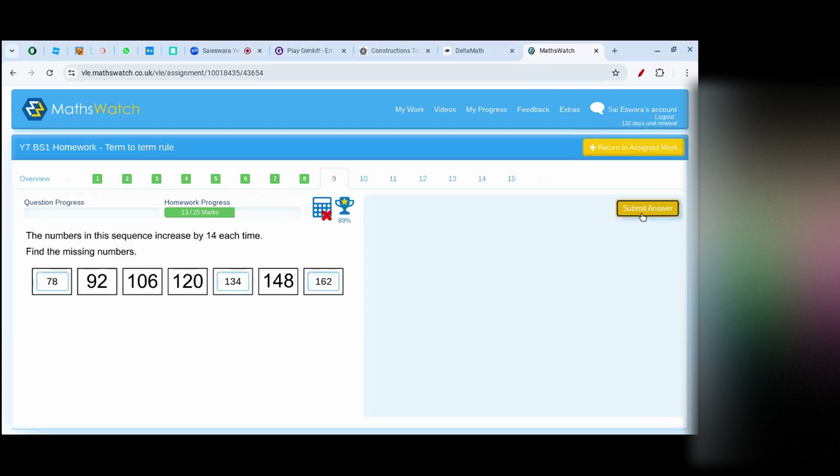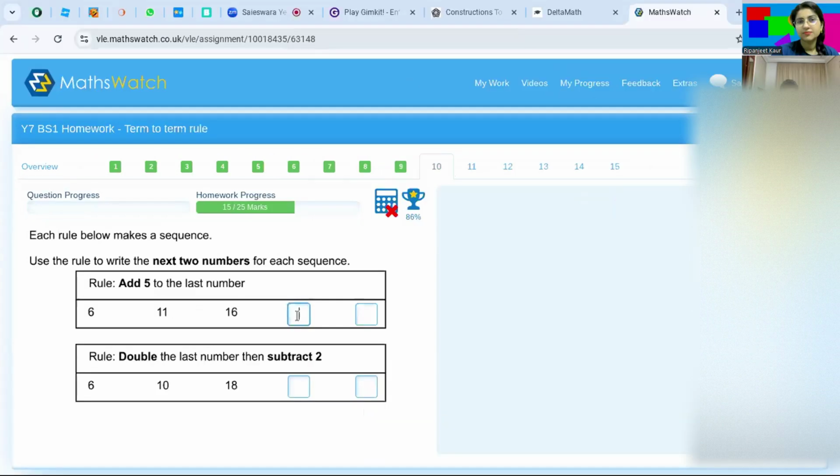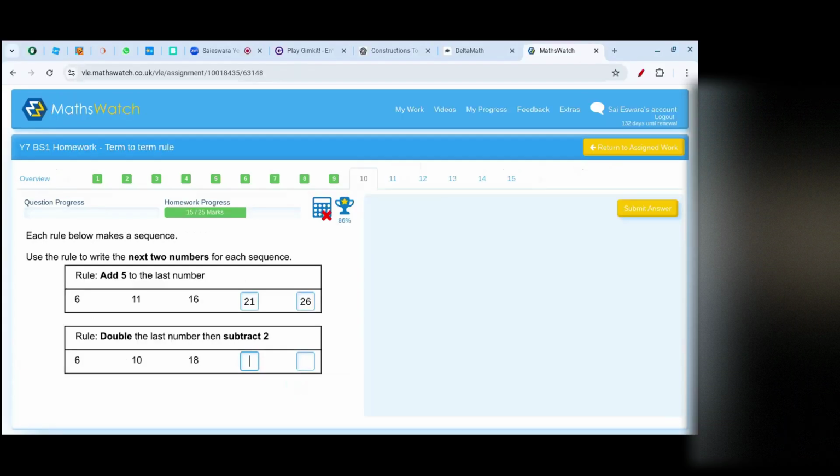Okay, so there were two assignments for this. This one is easy. This is 21, 26. You subtract double the last number. Subtract 2.